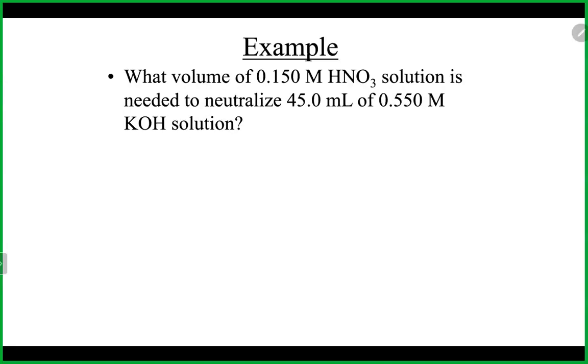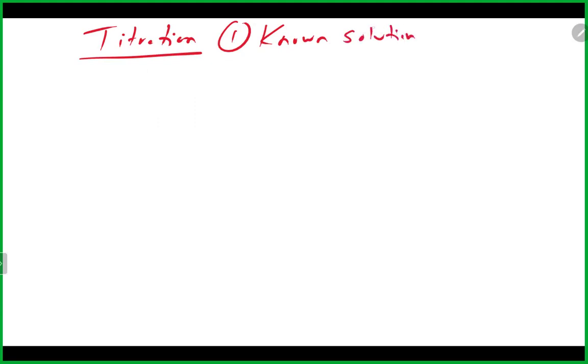Now, one of the processes that we use when we do these types of problems is known as titration. In a titration, you usually have two types of solutions. You have one solution that's a known solution, which means you know pretty much everything about it. You know typically the molarity of it, and you usually know the volume that you used of it.